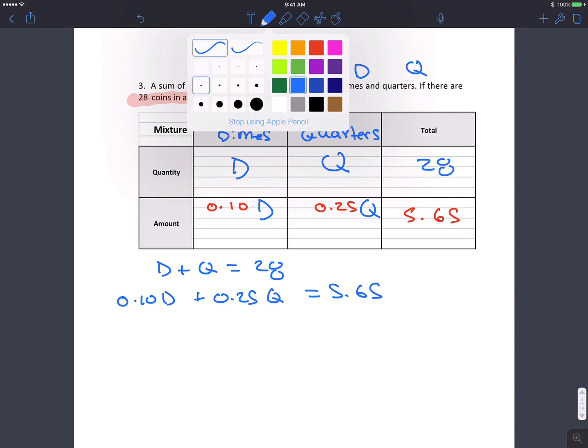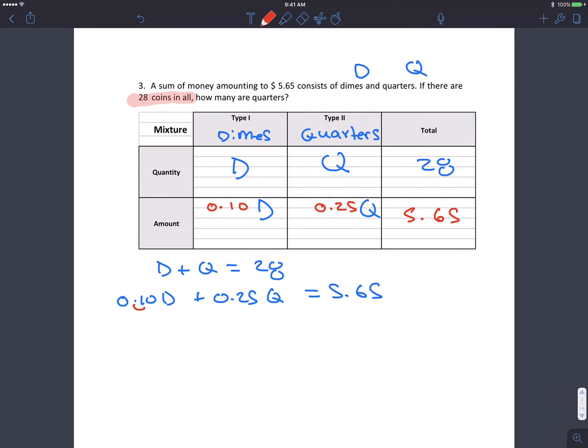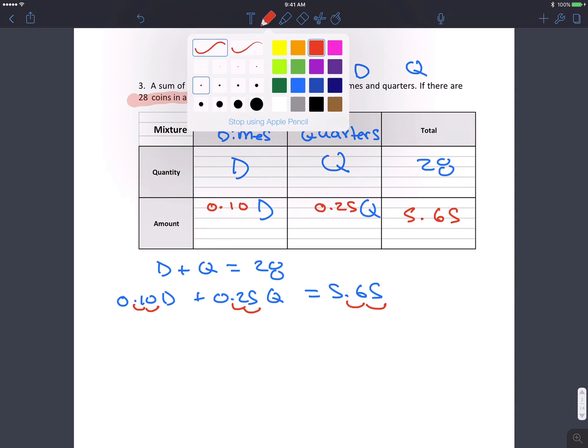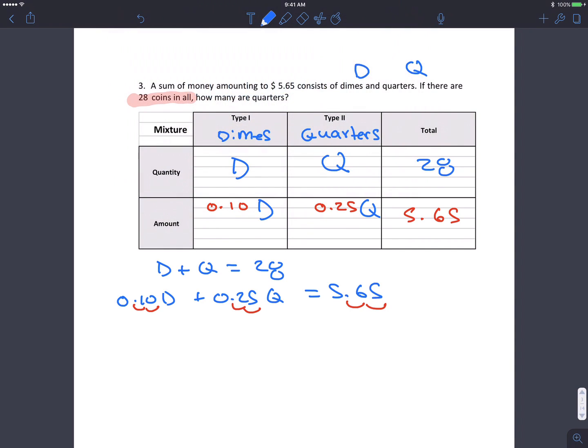Again, multiply every term by 100, or move the decimal 2 spaces to the right for each one of those, and you get 10D plus 25Q is 565.